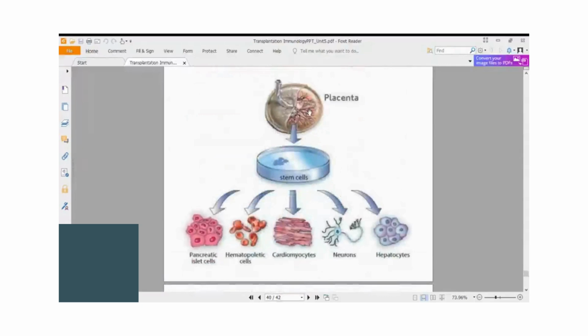The placenta is an organ that grows in the uterus and remains there for 9 months during the development of the fetus.